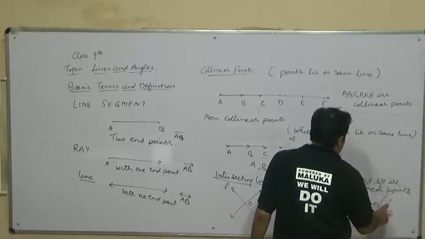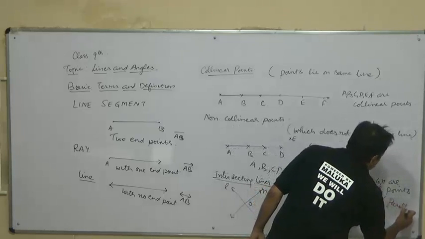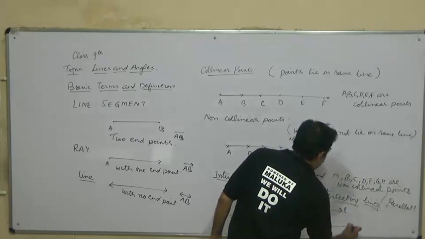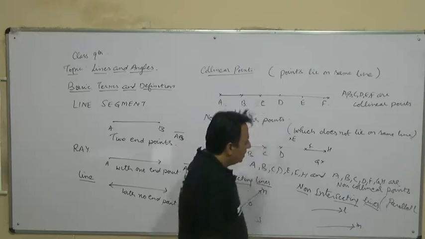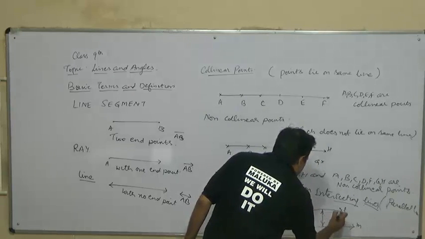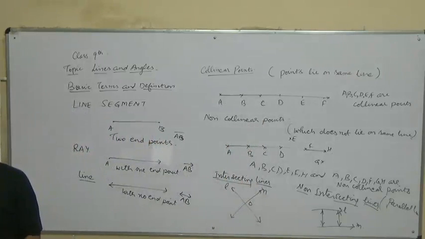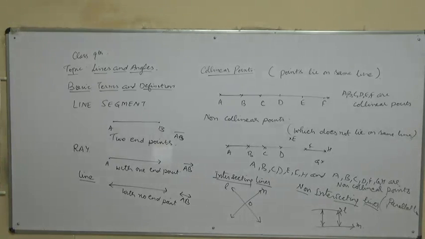Okay, they are parallel lines. For example, L and M. And what is another property of parallel lines? They maintain a constant distance between the two lines at each and every point. Means if we have two lines which are non-intersecting, they are parallel. When will they be parallel? When the distance between them remains the same. If checked at any point, those will be non-intersecting lines. Then we talk about the angle, but before that I will rub this part. We move to the next part.